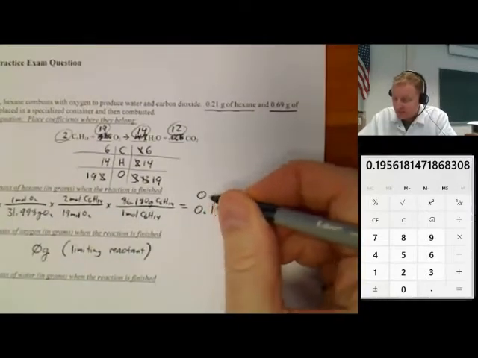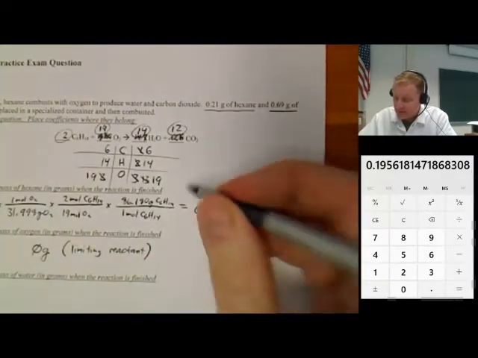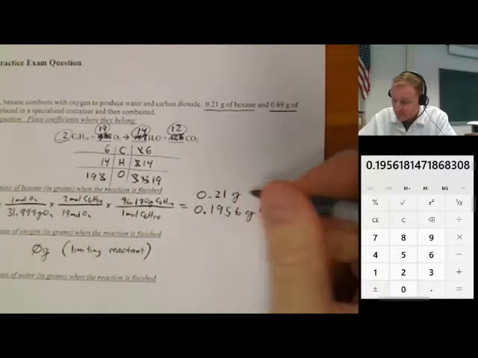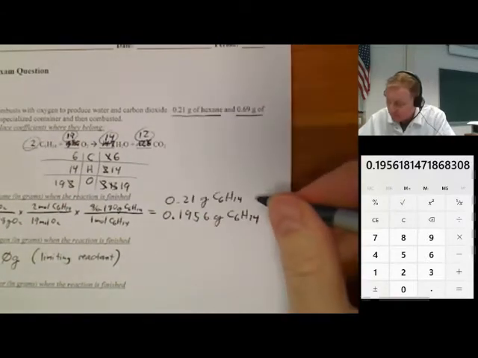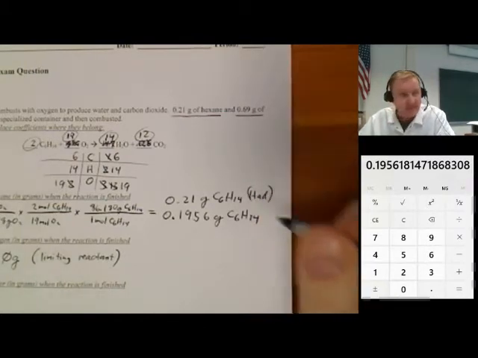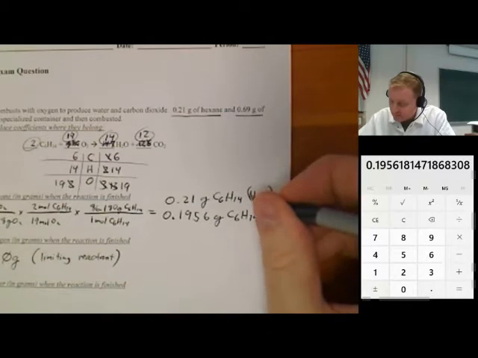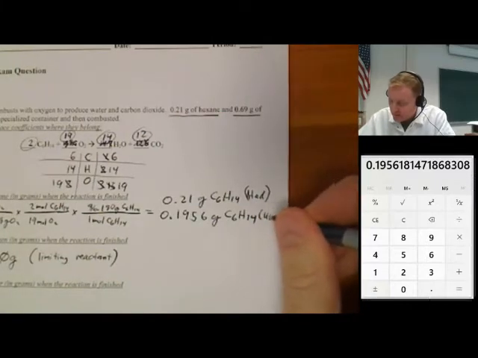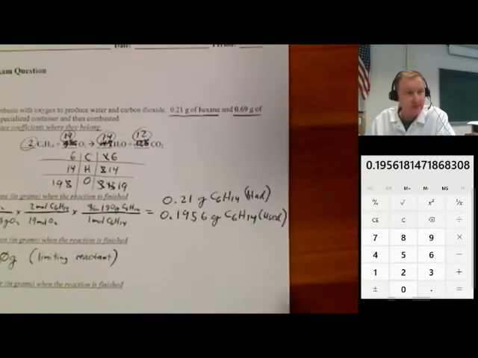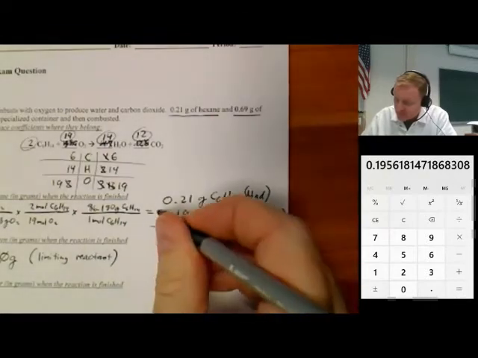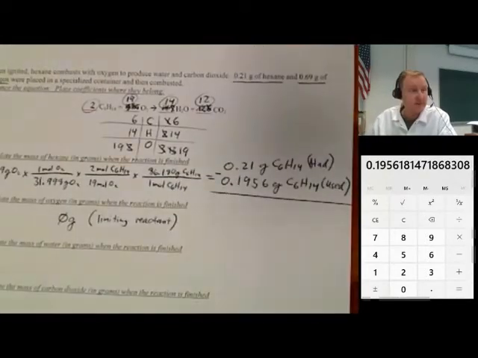So if we start with this, this is what we had. That's what we had, and this is what we used. So if we subtract the two, we'll get what's left over.